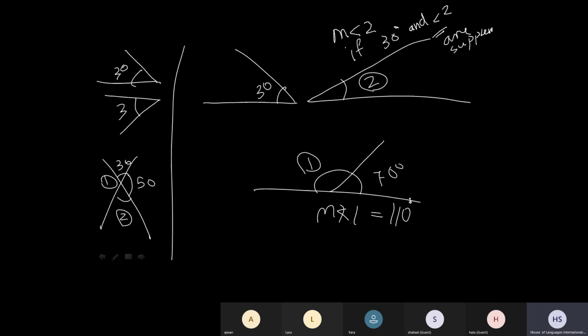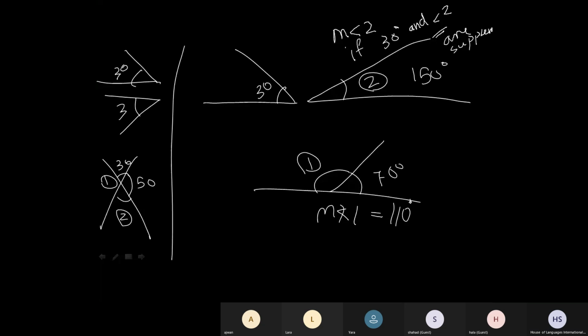So how do you know the measure of angle 2? Because they are supplementary, that means their summation is 180. So what will the measure of angle 2 be? 150. Because they are supplementary, the summation of them must be 180.